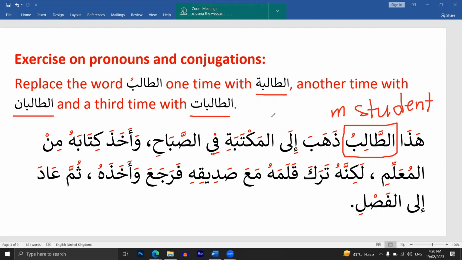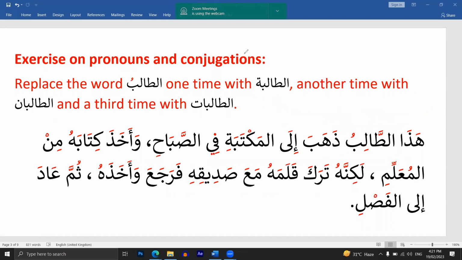And of course, you will do the necessary adjustments. You will not just remove this one and replace it with another. There are some adjustments you need to do, okay? So who is ready to do the first one? I want to remove this one and replace it with الطالبة. If you are ready, raise up your hand.